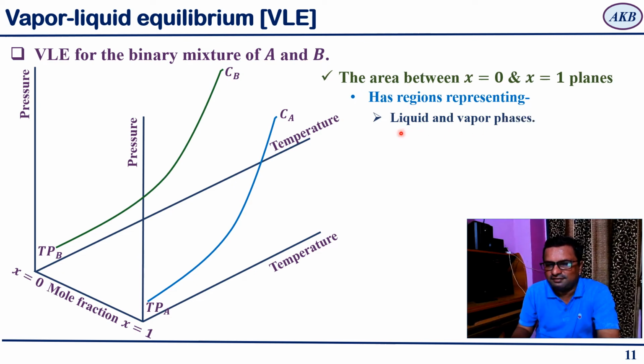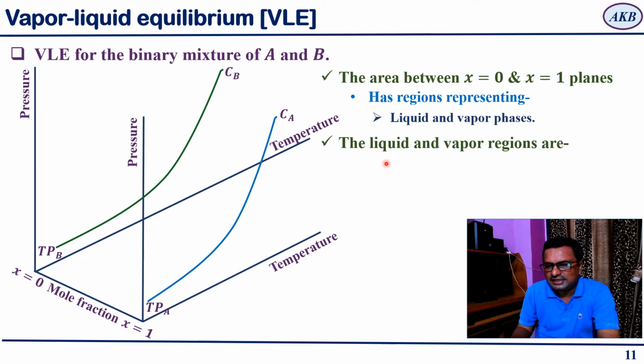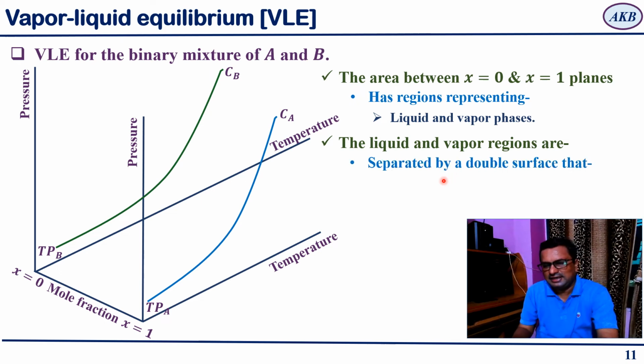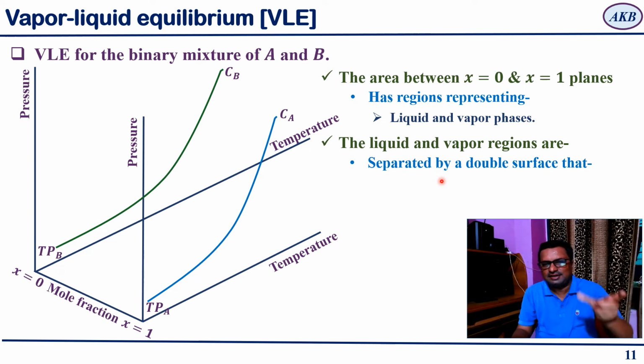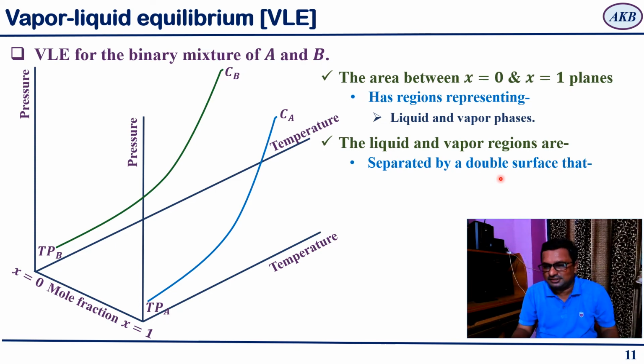So you have a liquid region and a vapor region within the area lying between the two planes. Within this area, the liquid region and vapor region are separated by a double surface. Unlike for pure components, where vapor and liquid regions were separated by a curve, in this case for a binary mixture, liquid and vapor regions are separated by a double surface.